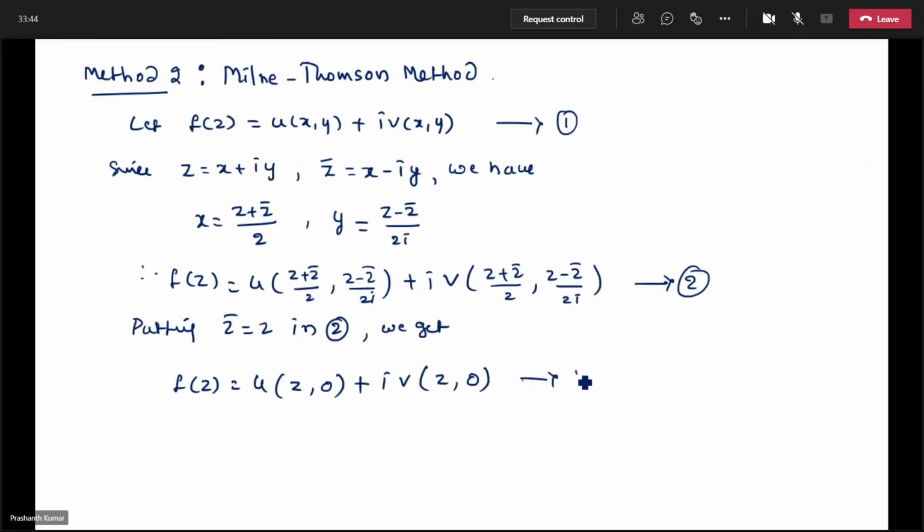This is our extension. So when putting z conjugate equal to z in 2, we get equation 3.